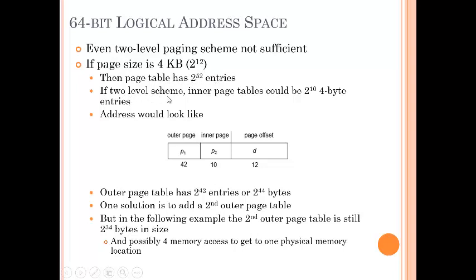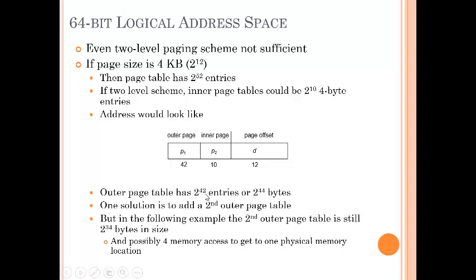If we talk about 2-level scheme, and in inner page table we can store 2 raised to 10 entries of 4 bytes each, then the inner page is of 10 bits, and out of 52 bits the outer page table is of 42 bits.